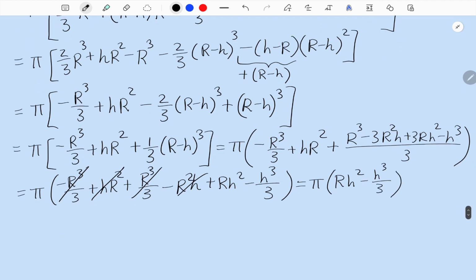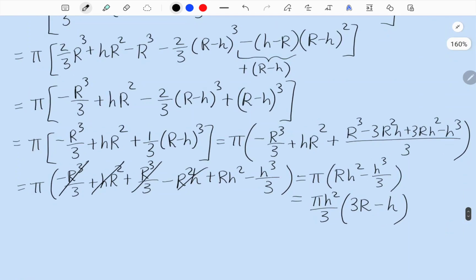Cool. If I factor out an h squared over 3, so this will be pi h squared over 3. Well, this will just be 3r over here, okay? Because if I distribute the 1/3 into the 3, they cancel out to make 1. And then I have minus h.